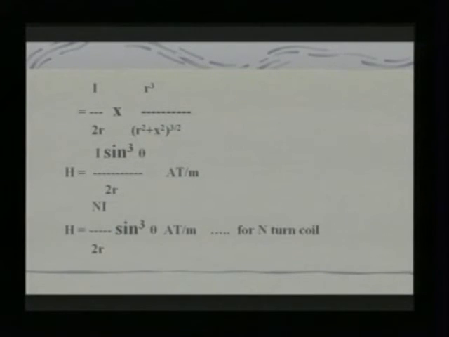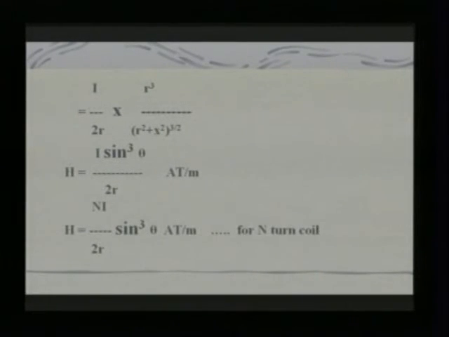Since the total length of the circle is equal to 2 pi r, this expression will be equal to sigma I r by 4 pi (r square plus x square) whole to the power of 3 by 2 times 2 pi r. Rearranging this equation in the form of sigma I r square by 2 into (r square plus x square) whole to the power of 3 by 2 into r by r. Therefore, it will be equal to I by 2r into r cube by (r square plus x square) whole to the power of 3 by 2.